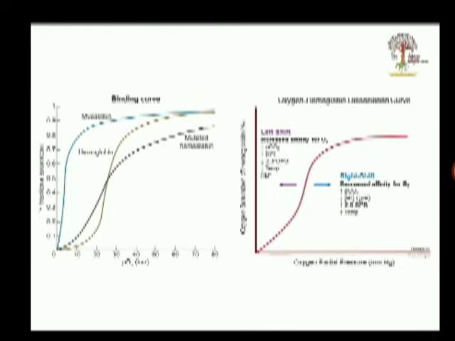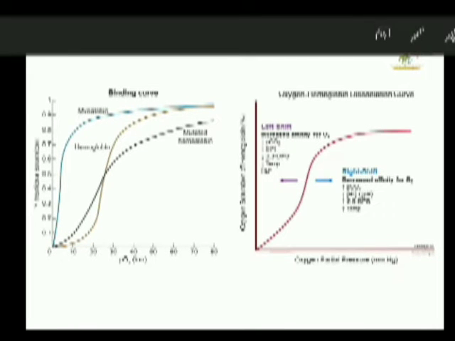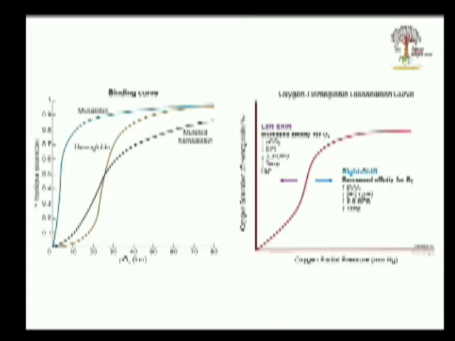In the muscles, there is myoglobin, which can bind with only one oxygen molecule. Now in this left-hand side graph, if we compare the myoglobin and hemoglobin, we can see that in the case of hemoglobin, the curve is a sigmoid curve, or just like a logistic curve.